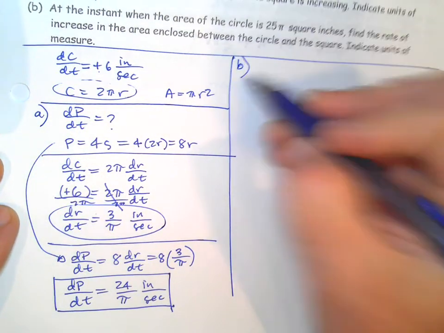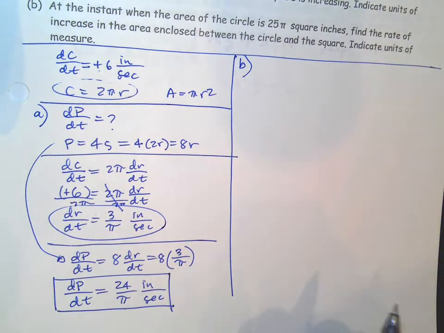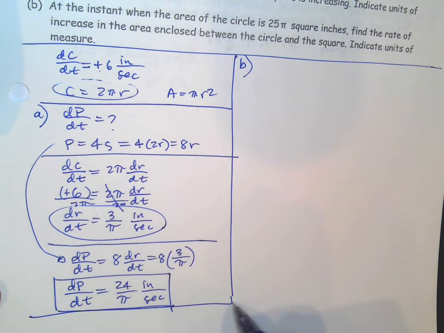Part B says at the instant when the area of the circle is 25 pi square inches, find the rate of increase in the area enclosed between the circle and the square. Indicate units of measure. So the area between the circle and the square. I kind of drew that picture earlier.